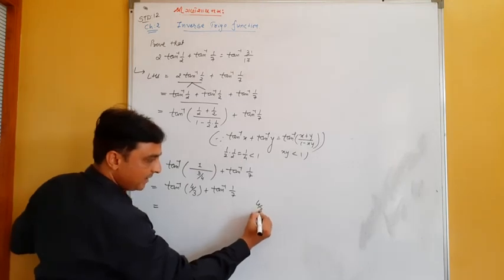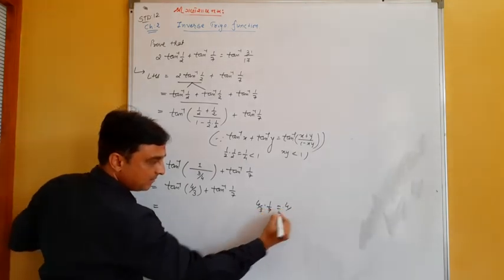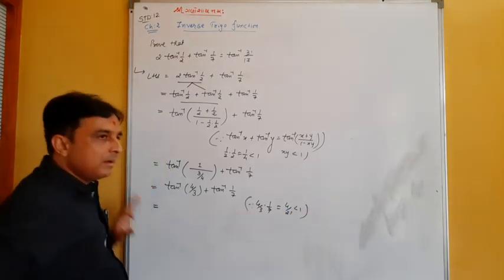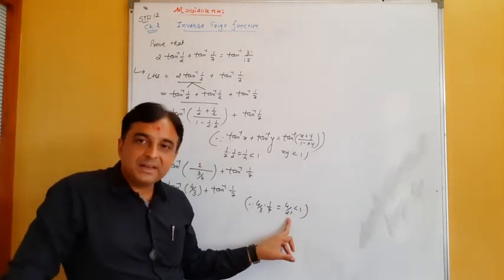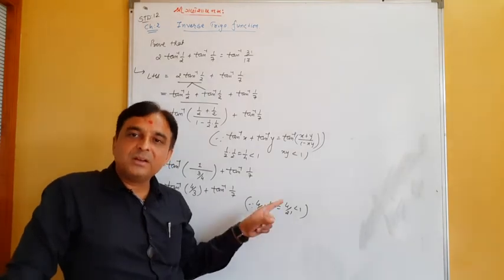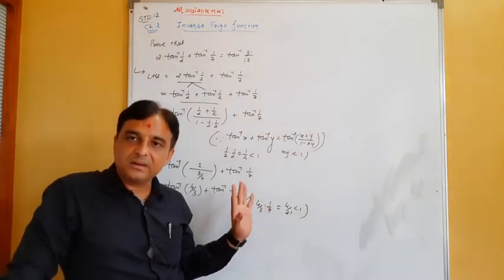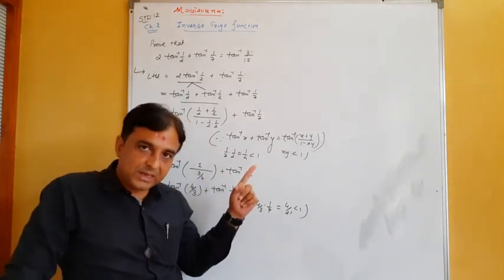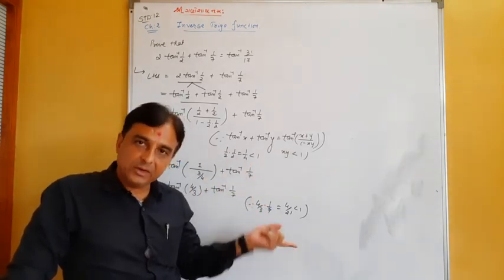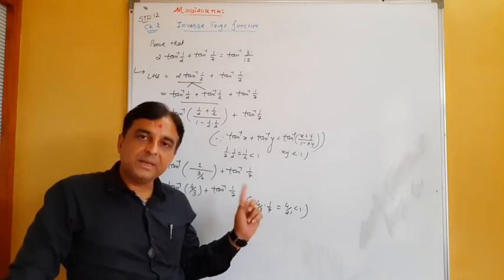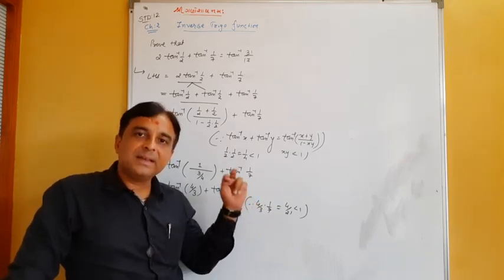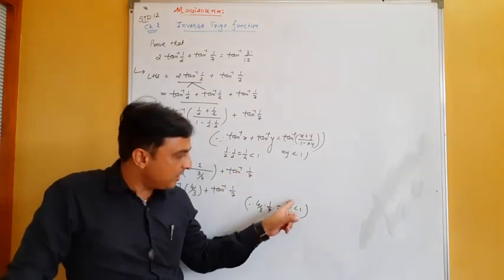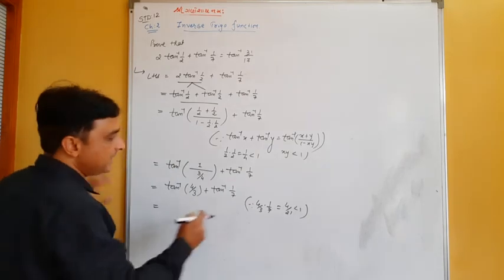So 4 by 3 into 1 by 7, 4 by 21, less than 1. How can we say its value is less than 1? If the numerator is less than the denominator, the value will be less than 1. If the numerator is higher than the denominator, then the value is greater than 1. So here the numerator is 4, the denominator 21, so less than 1.